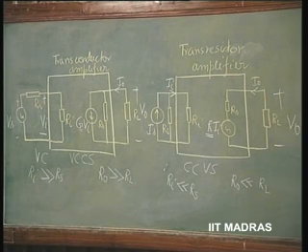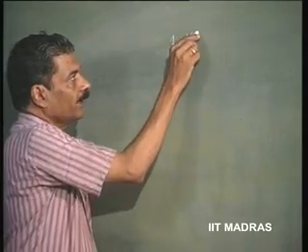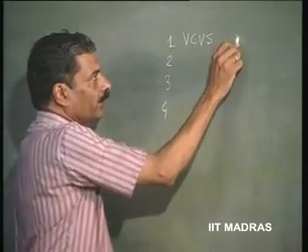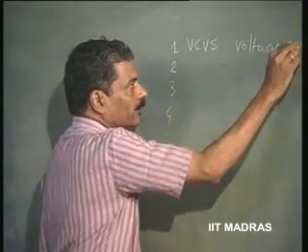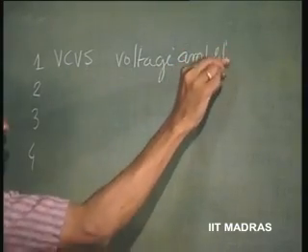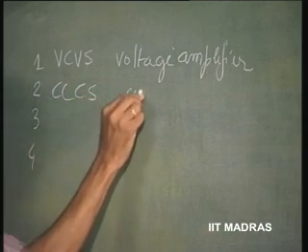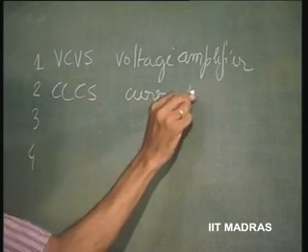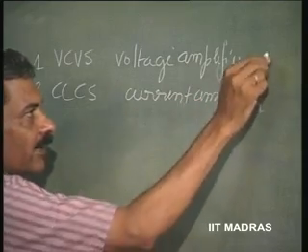There are 4 types of amplifiers: voltage controlled voltage source, which is called voltage amplifier; current controlled current source, which is called current amplifier; these are what are called duals.